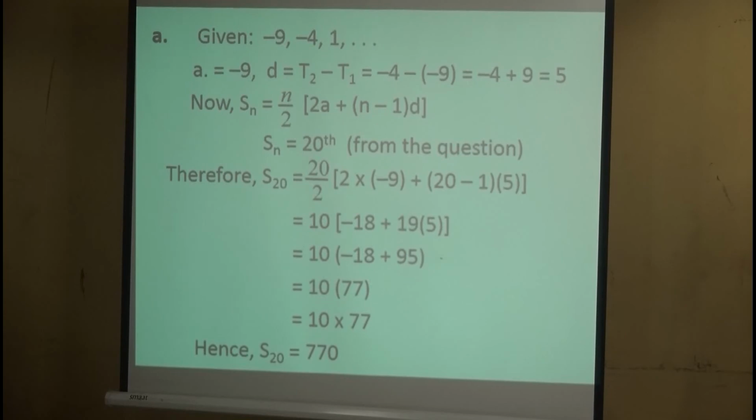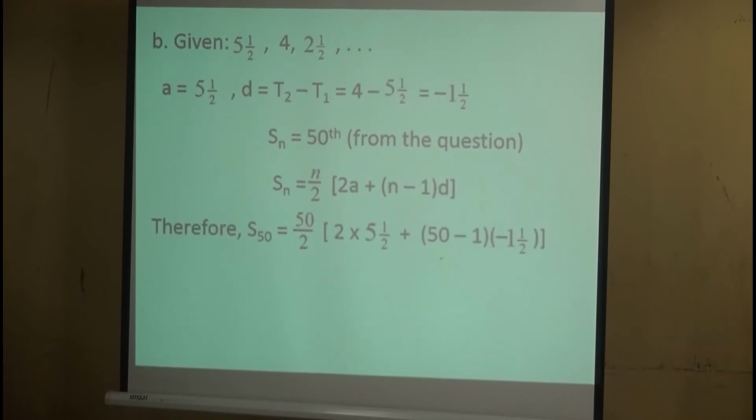Substituting in the formula, we have the sum of the first 20 terms as 20 over 2 into 2 times minus 9 plus 20 minus 1 multiplied by 5, which is the common difference. If you simplify further, you have the sum of the first 20 terms as 770.